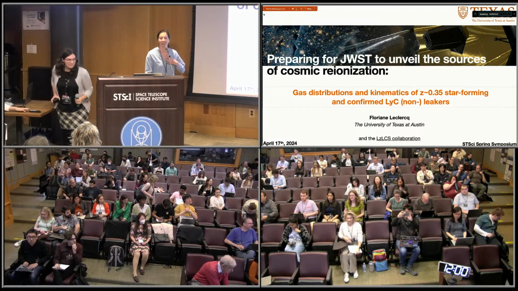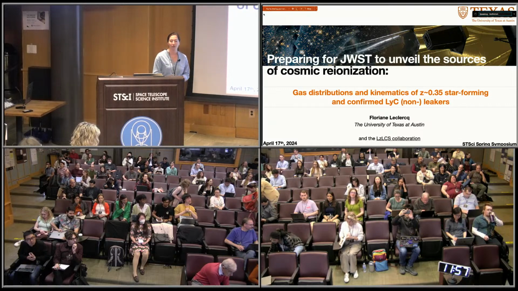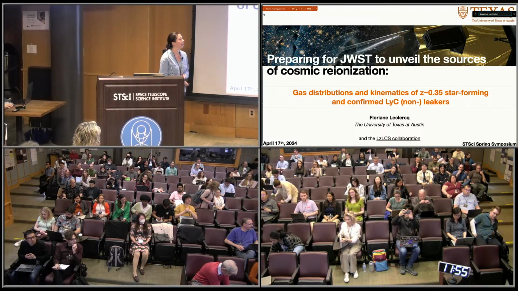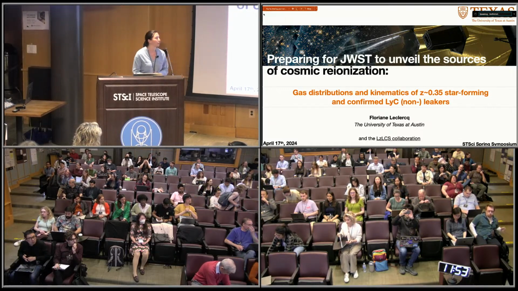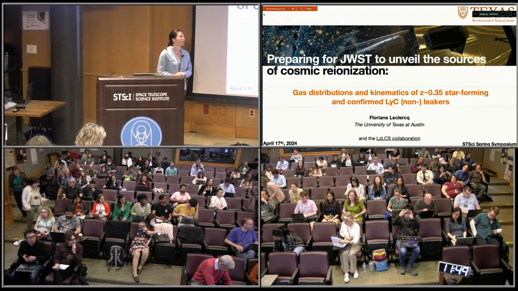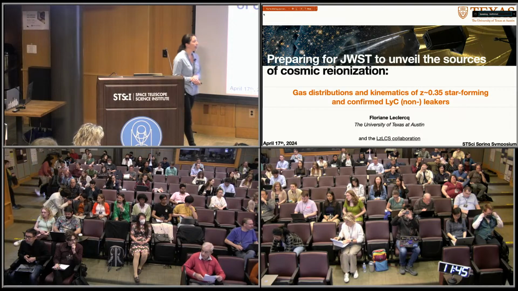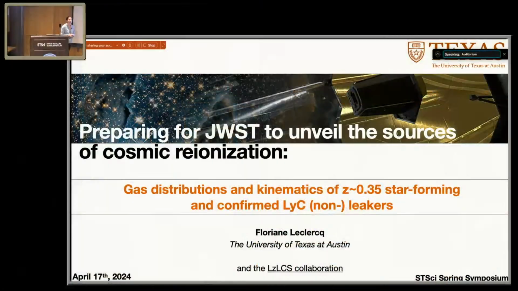Thank you. Good afternoon, everybody. So I'm Floriane. I'm a postdoc at UT Austin. And today I will be presenting some work that has been carried out within the LzLCS collaboration, and which aims at mapping the gas around local star-forming galaxies that have been confirmed to be Lyman continuum leakers and non-leakers.